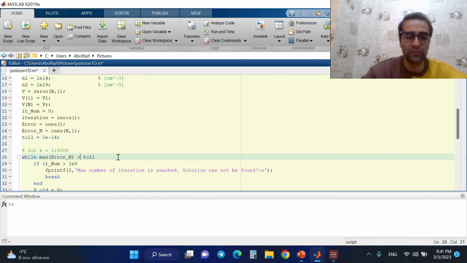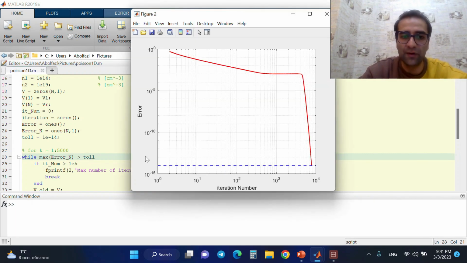This time it means that I have not predefined the number of iterations, just while the error is greater than the tolerance, this loop should be repeated, otherwise it will stop. Let's press F5. You see, we defined the tolerance to be 1e-14 here, and when the relative error reaches this level, the calculation is stopped.